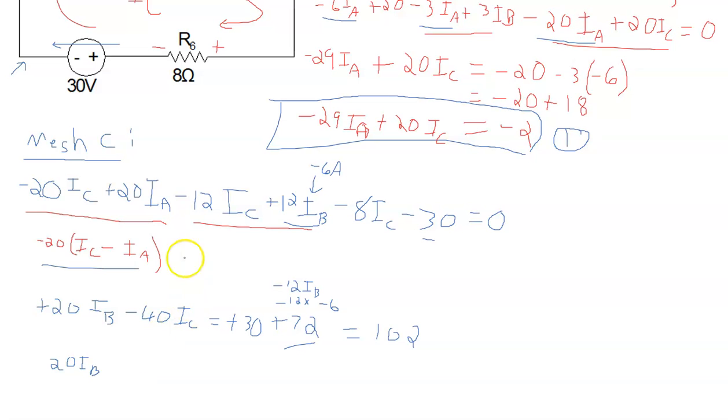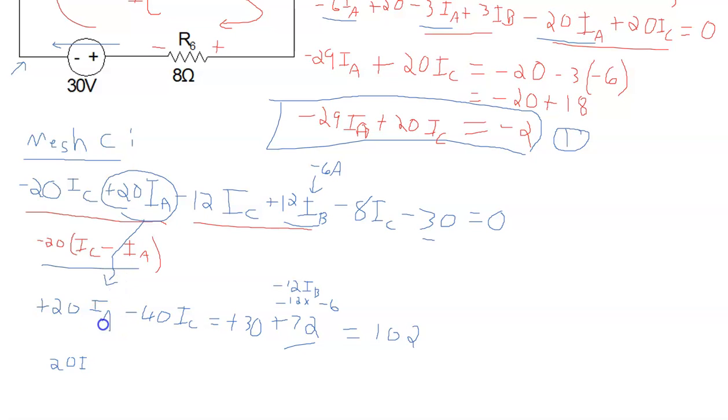Now, I got a problem there. That was IA I'm supposed to be having there, isn't it? I'm sorry about that, because this was IA here, because IB was our known, right? It's this term right here that went there.